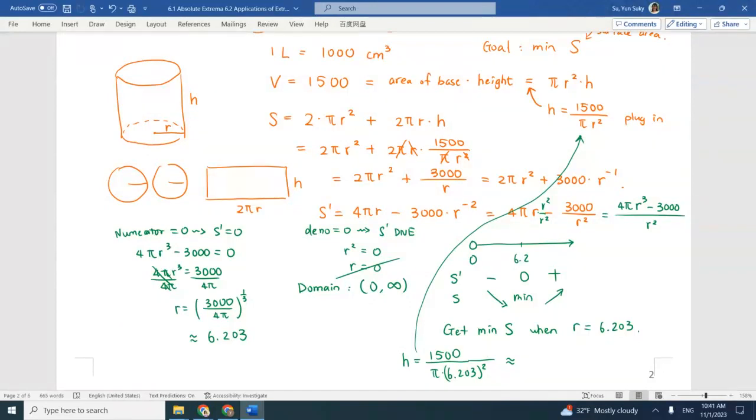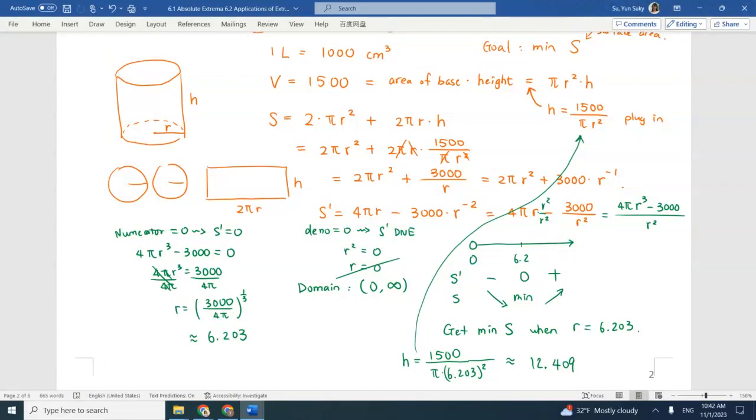What is 1500 over pi and 6.203 squared? What? 13.175? 12.4 sounds better, yes. So 12 point what? 3 digits. 409. Okay, thank you.